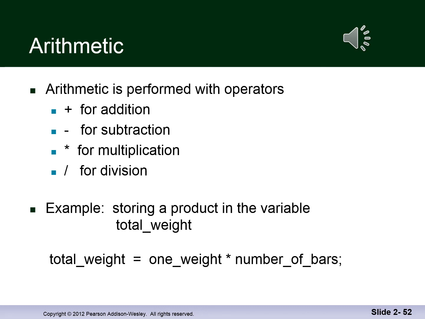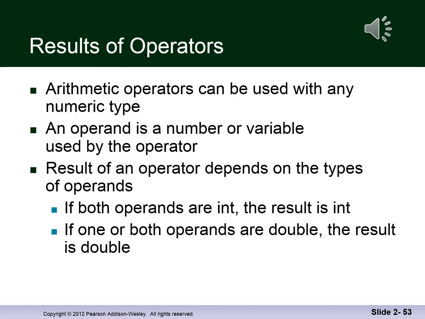Total weight equals 1 weight times the number of bars. So the weight of 1 bar would be stored in the variable 1 weight, and number of bars would be an integer. So total weight most likely is a double or a float, because 1 weight is probably not a whole number.